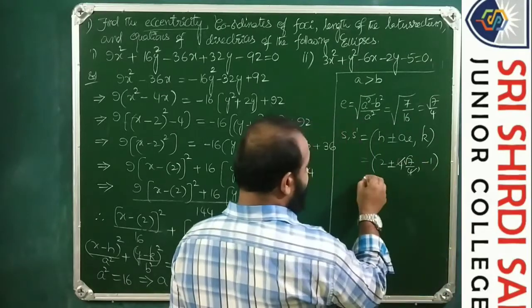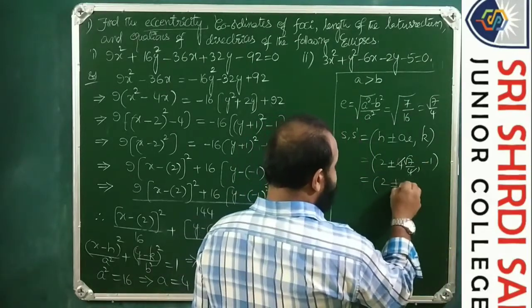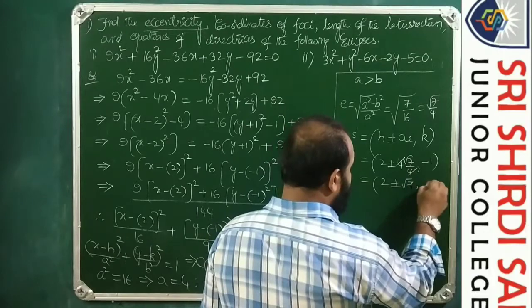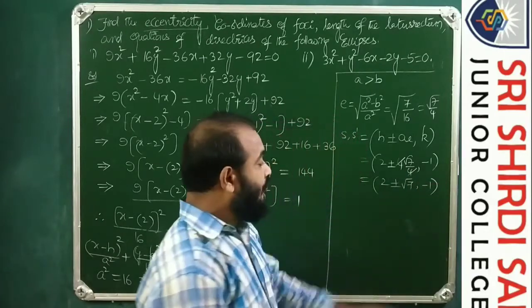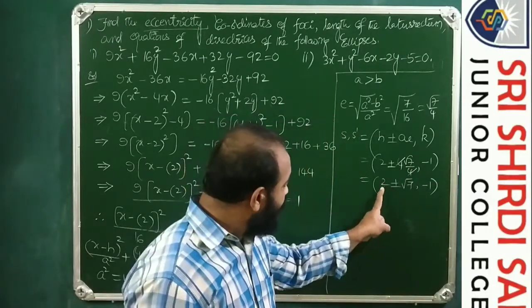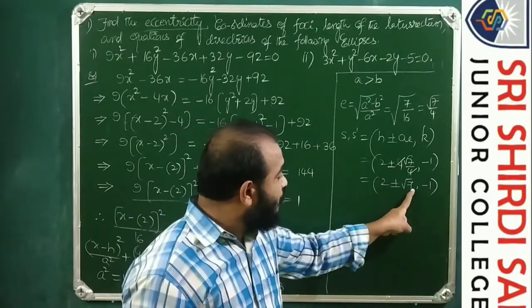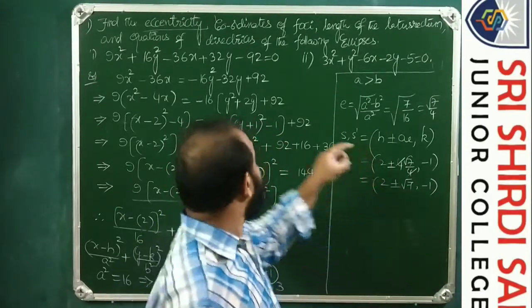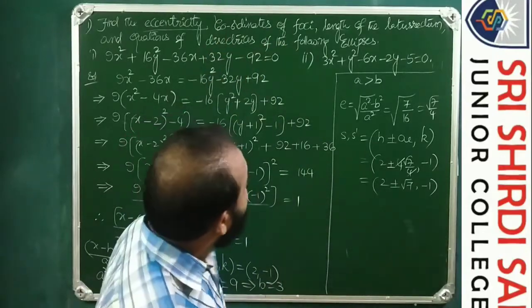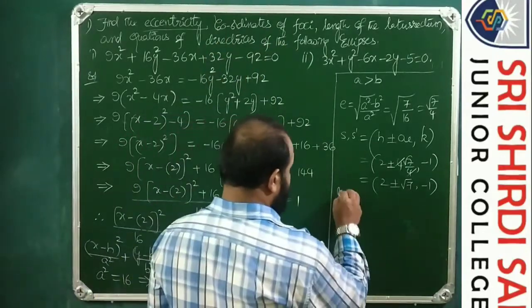So 4 gets cancelled. So 2 plus or minus root 7 comma minus 1. If you take plus, then this is 2 plus root 7 comma minus 1, which is S, and 2 minus root 7 comma minus 1, which is S dash. So these are the coordinates of foci.